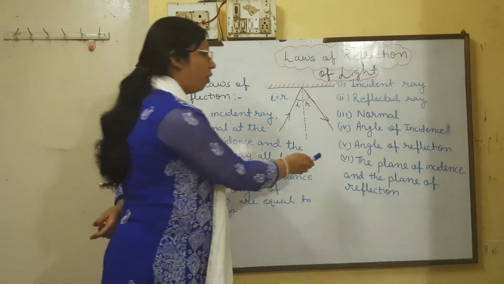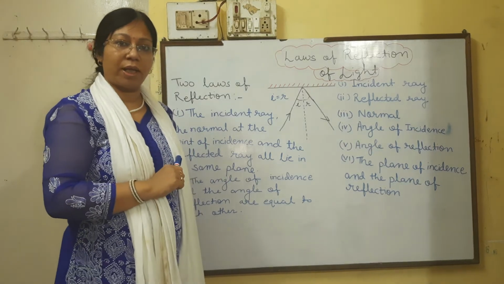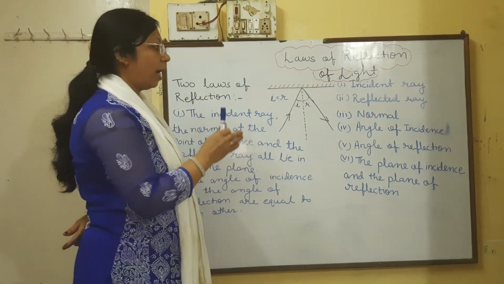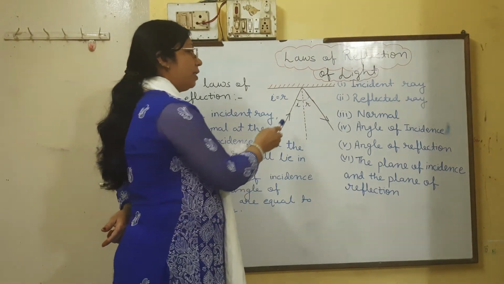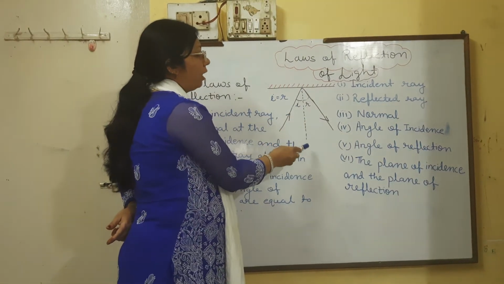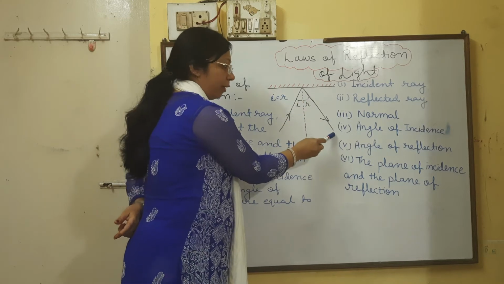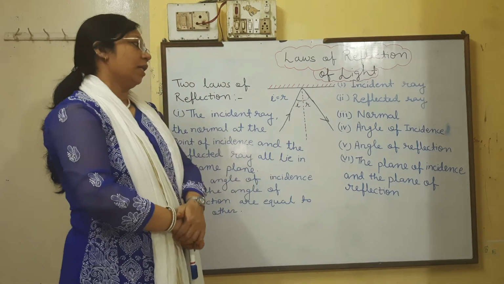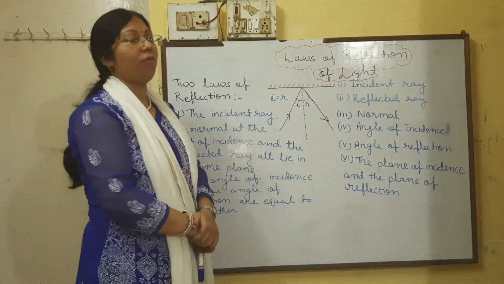So this one is known as the plane of incidence and the plane of reflection, meaning the plane made by the incident ray and normal, and the plane made by the normal and the reflected ray.